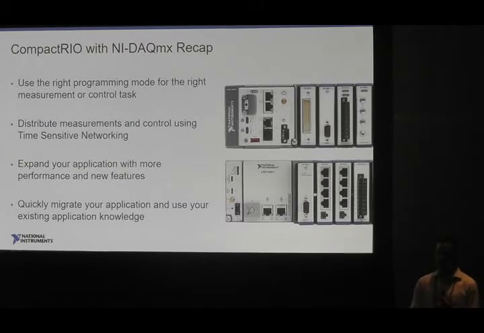Second is the TSN support, to be able to synchronize distributed systems as well as distributed measurements and control across the network. Third is the fact that this is a replacement product, so you have a lot of new features and new capabilities that have never really been there before, plus all this new performance, all wrapped into one product. And it's using the same experience you're used to today, same applications, same experience. So it really shouldn't be tricky at all to migrate to or to leverage for your latest projects.